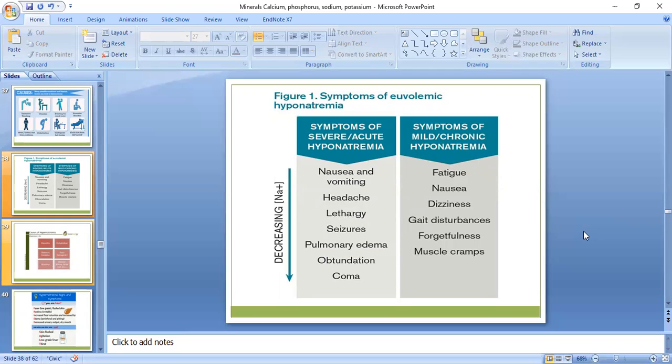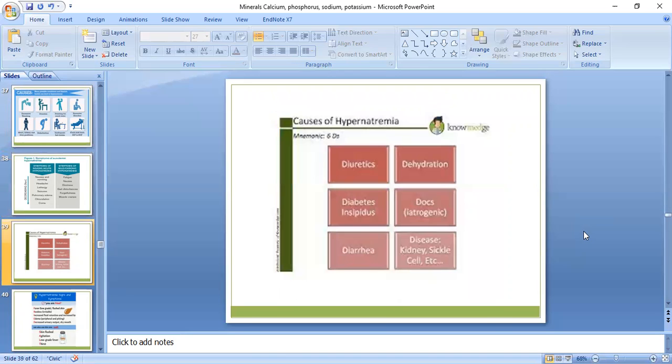Acute hyponatremia symptoms include nausea and vomiting, headache, lethargy, seizures, pulmonary edema, obtundation, and coma, while the chronic hyponatremia symptoms include fatigue, nausea, dizziness, gait disturbance, forgetfulness, and muscle cramps. Now the causes of hyponatremia. These include diuretics, dehydration, diabetes, iatrogenic causes, diarrhea, and diseases like kidney disease, sickle cell anemia, etc.